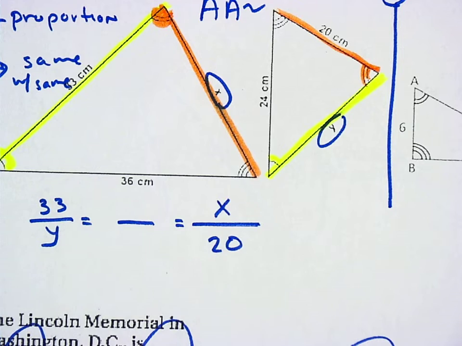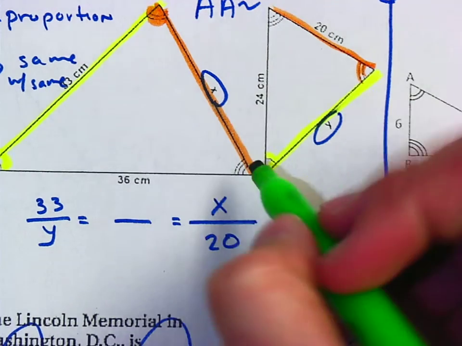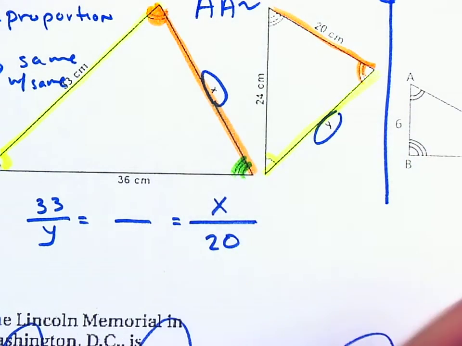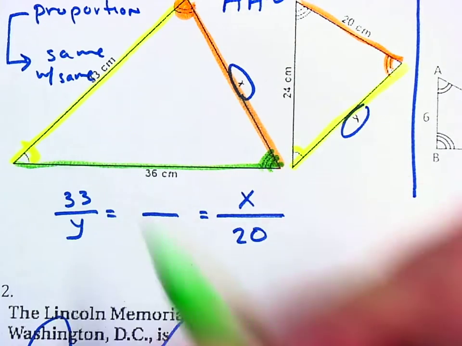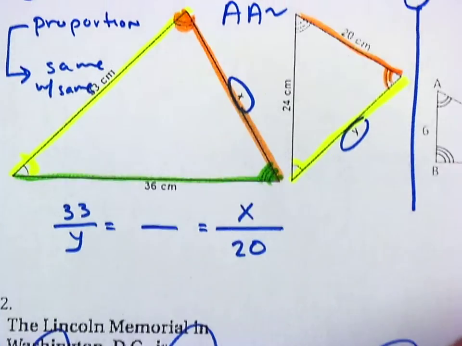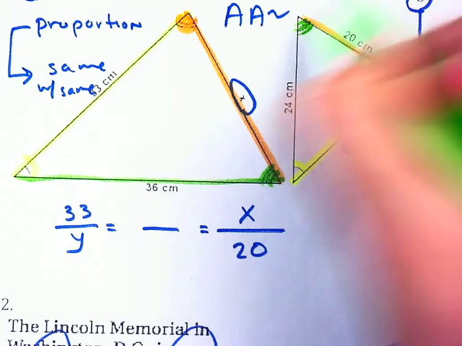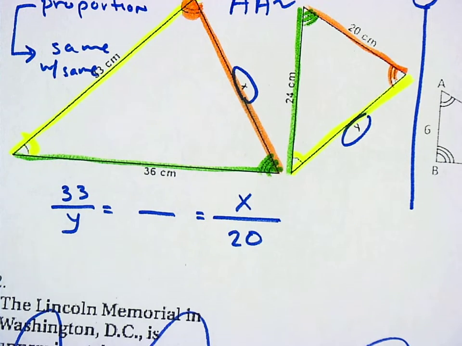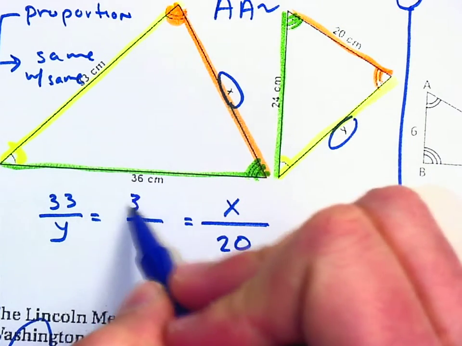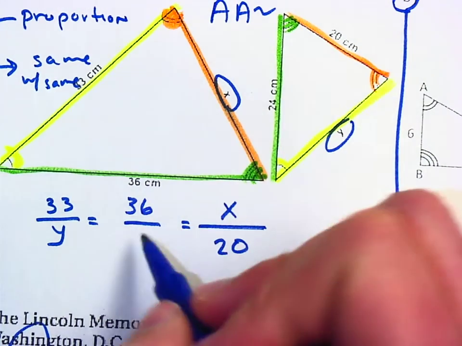Okay. Well, the last side starts at the angle with 3 congruency marks, and it runs to the angle with 1. And on the right triangle, it's the same. Here's our 3 congruency marks, runs to the angle with just 1. Well, the measurement on the left is 36, and on the right, it's 24.